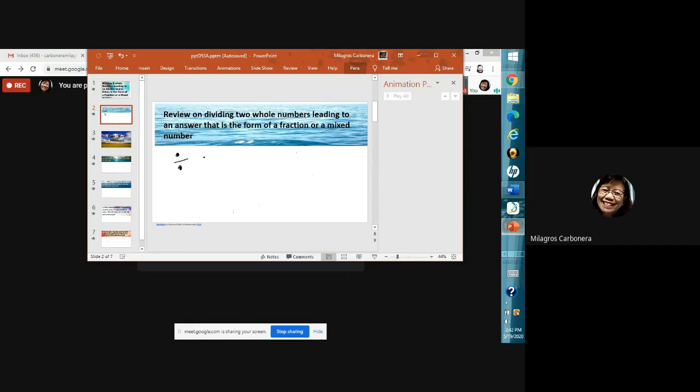I call this the house, and I use it if I am dividing two whole numbers. And I use this, a fractional bar, to express my division as a fraction. So this time, I'm going to use the house symbol because we are dividing two whole numbers.